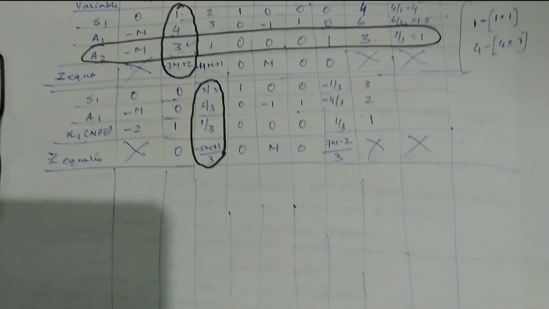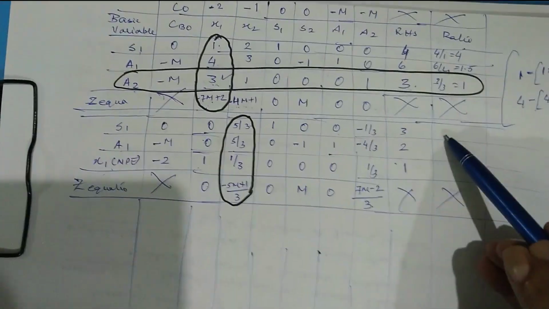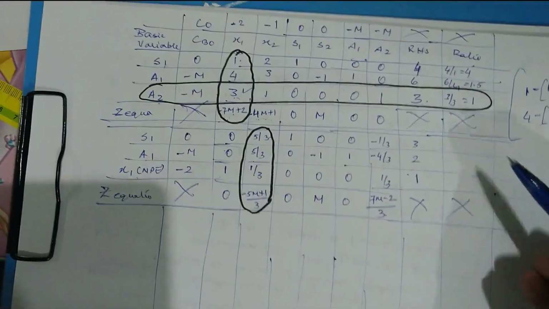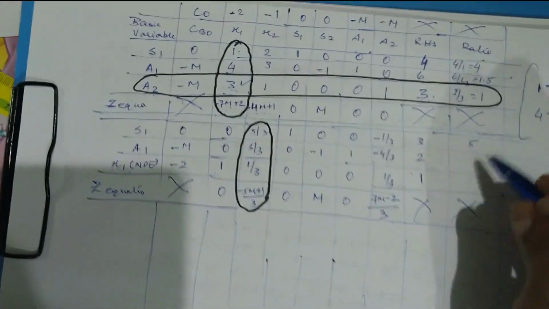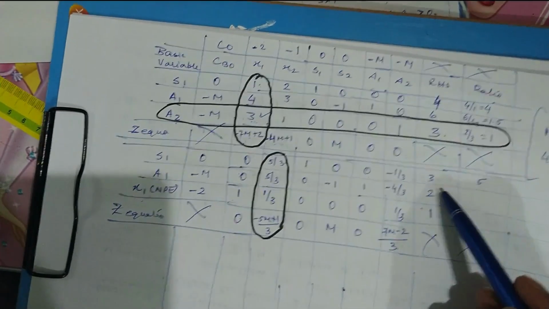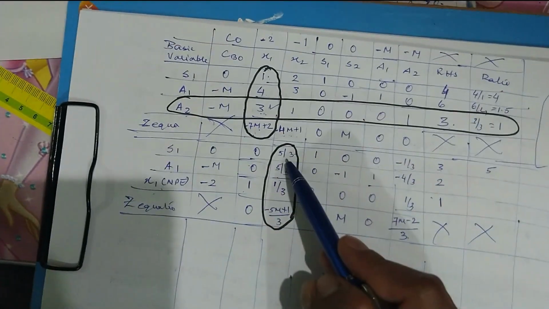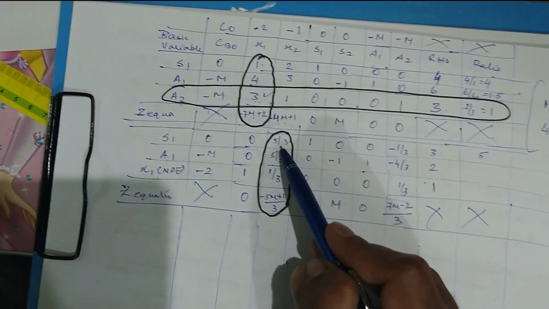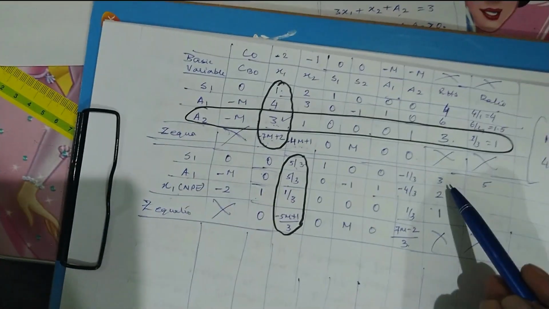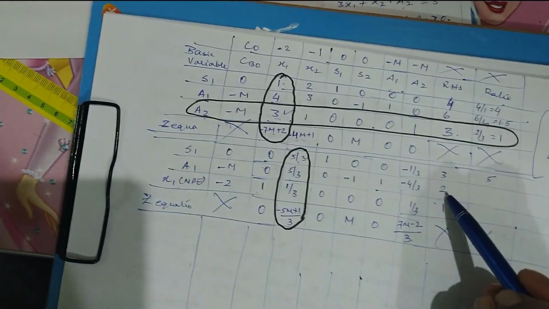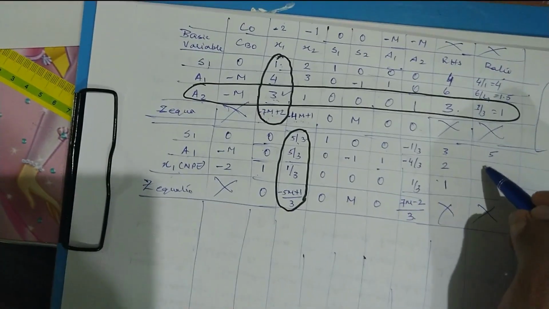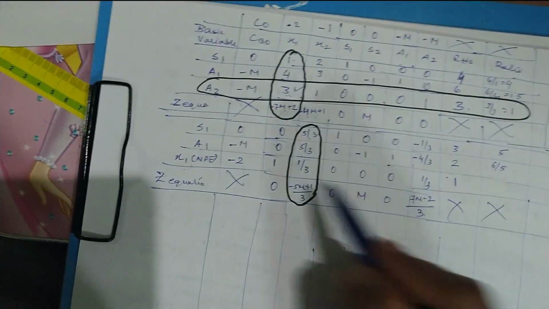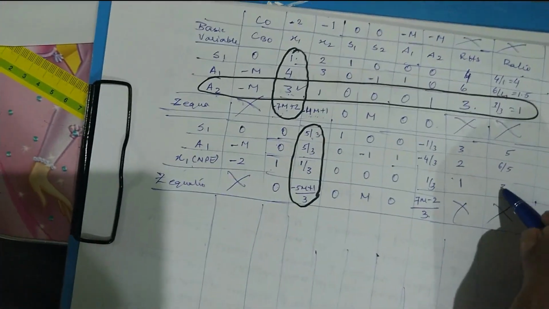Okay, similar to the earlier procedure, we now need to calculate the ratios. Ratios are calculated as RHS divided by the entering column coefficient. So 3 divided by 5 by 3, 2 divided by 5 by 3, which gives us 6 by 5, and 1 divided by 1 by 3, which gives us 3.